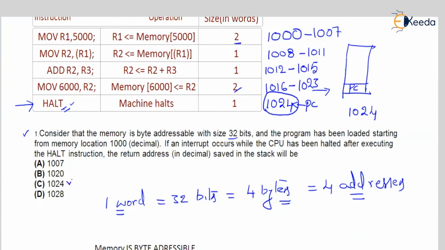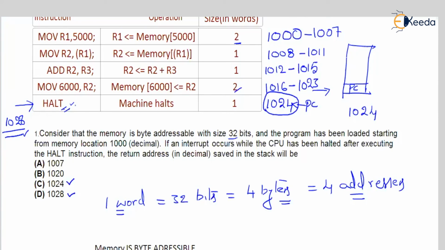But generally you will be tempted by option D, because when the halt instruction gets executed, as it is taking one word, the next address will be 1028 as far as your knowledge is concerned. But try to understand, when the halt instruction gets executed, there is no way our program counter value will ever get updated.